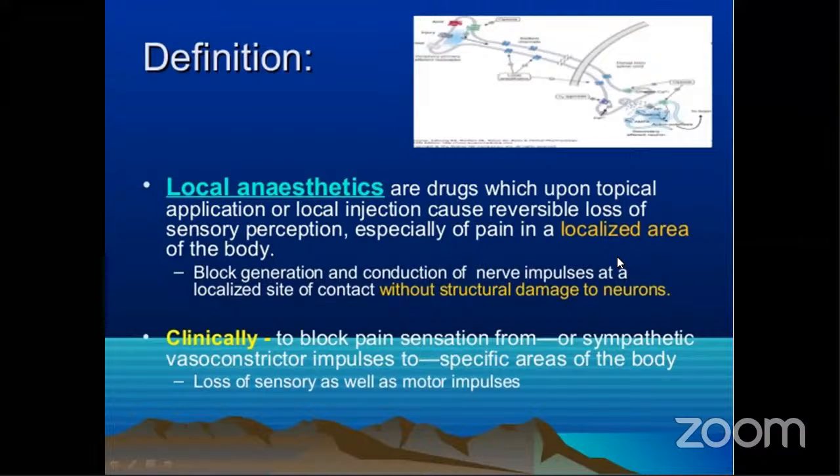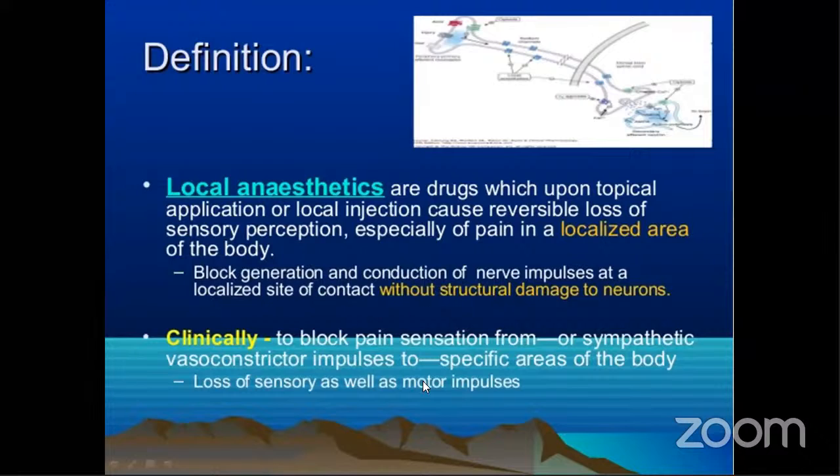So you are blocking the generation and conduction of nerve impulse with the help of local anesthetics, and it should be reversible. In that particular area the nerve impulse will be blocked by the use of these drugs. That's why you are not feeling any pain. After recovery, you feel small low level pains again.